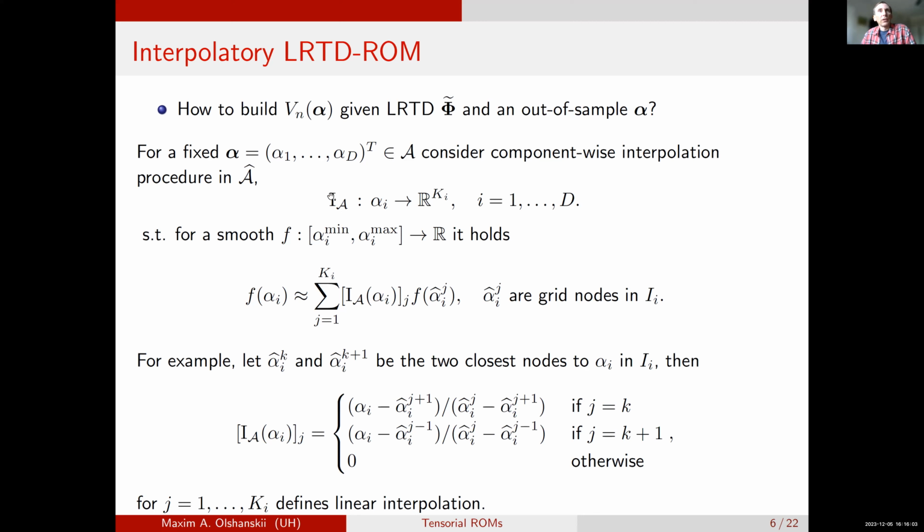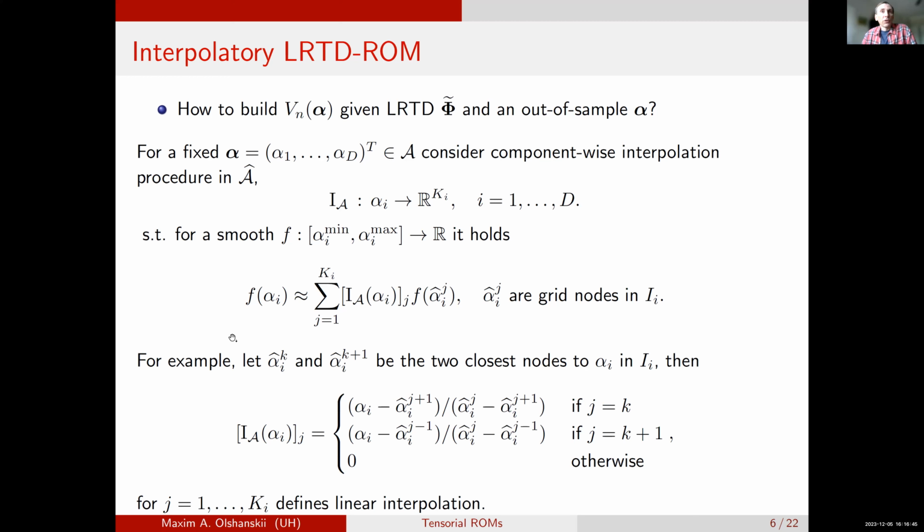So now capital A is the interpolation procedure, which for any entry from our parameter corresponds to a vector where k_i is the number of sampling points in the ith direction, such that we can interpolate any smooth function using the values of the function on our grid in the parameter domain.